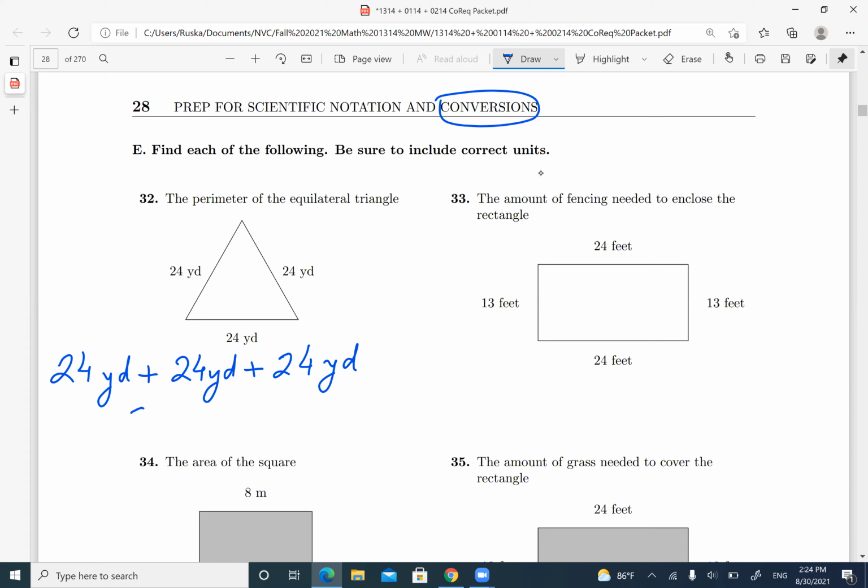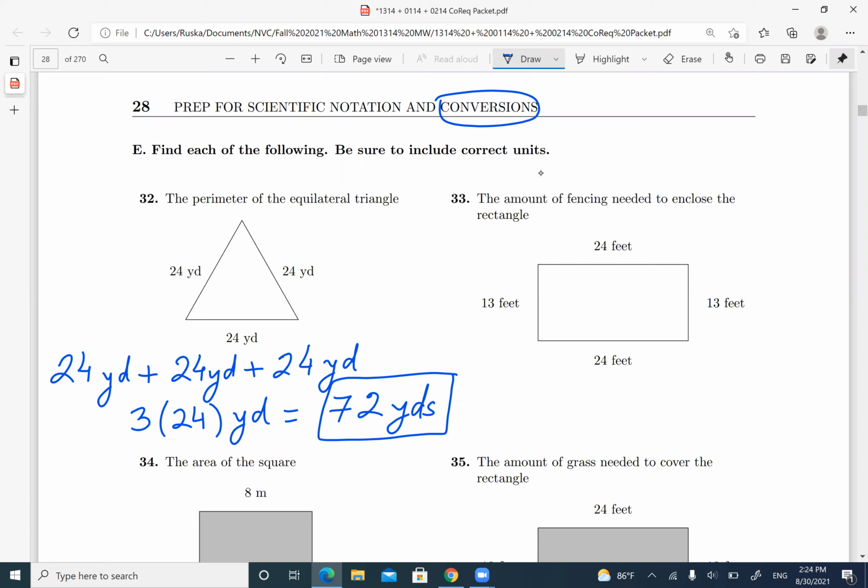I'm going to do that. 3 times 24 yards. So what is the perimeter? 72 yards, right? Okay, everybody understand that? So finding perimeter is just adding the sides.